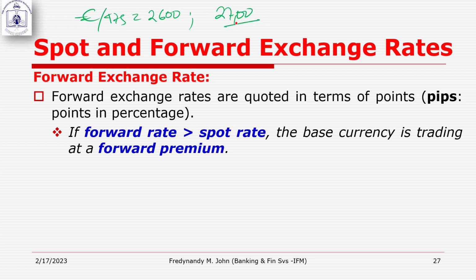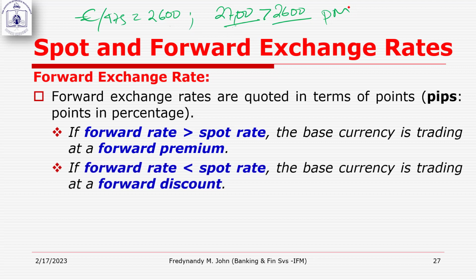Here you can see that the forward rate is greater than the spot rate. Therefore, we can easily conclude that the euro is trading at a forward premium. And the opposite is true. That is, if the forward rate is less than the spot rate, then the base currency will be trading at a forward discount.